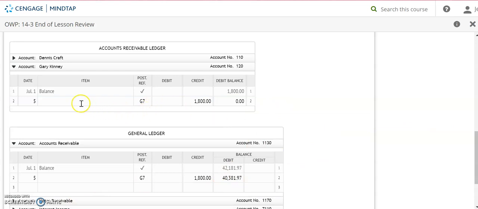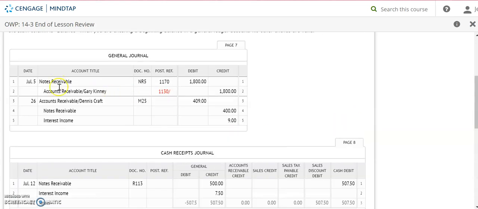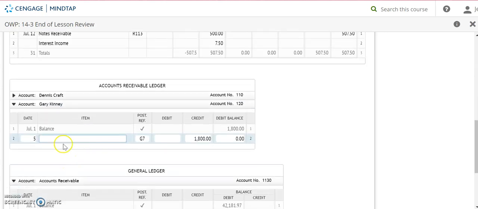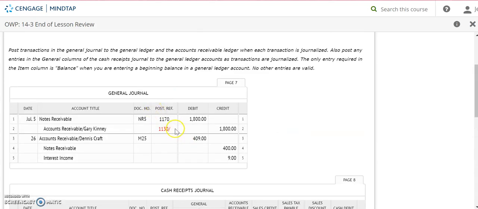Now in this case, I'm just going to go back up here. This is where we accepted the note. So in the item column, we would put accepted note. Again, they're not having us do that, but that's what we would have written. So I'm going to take account number 120 back up.